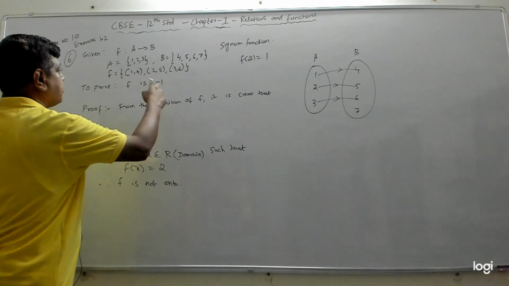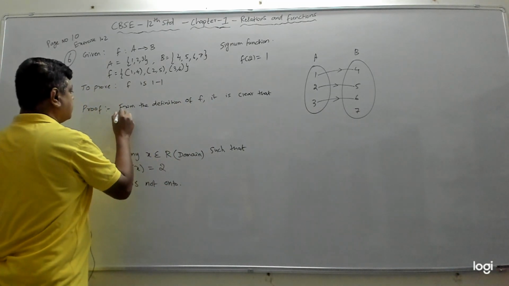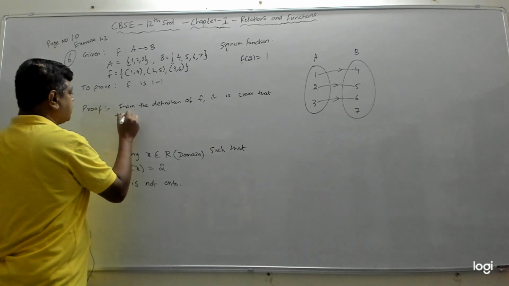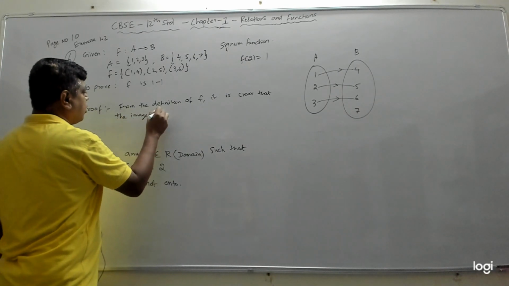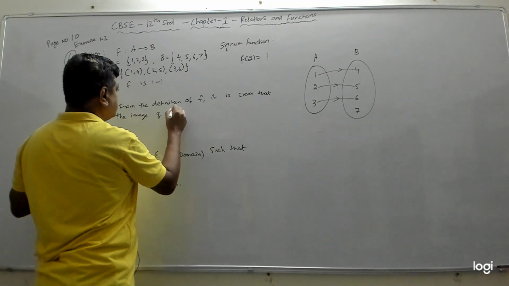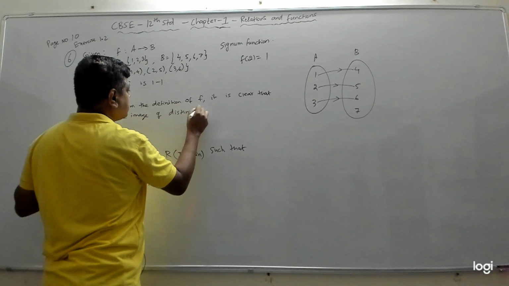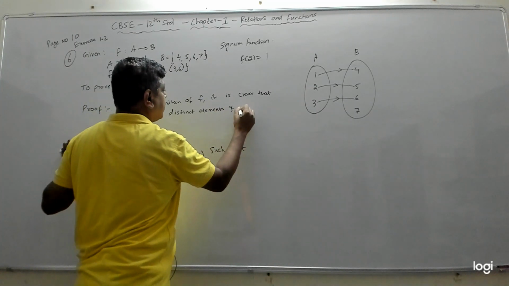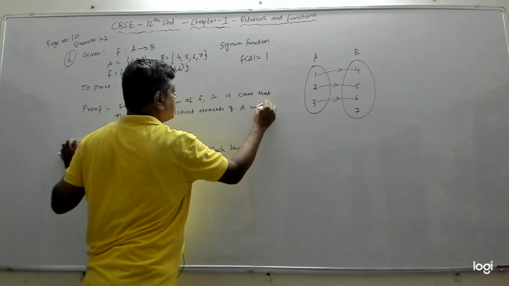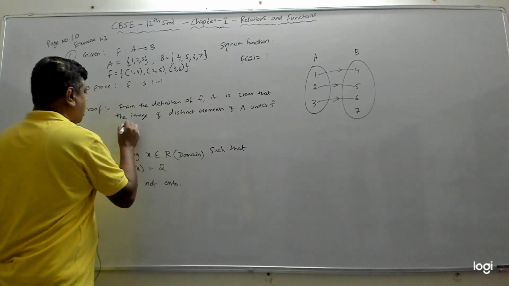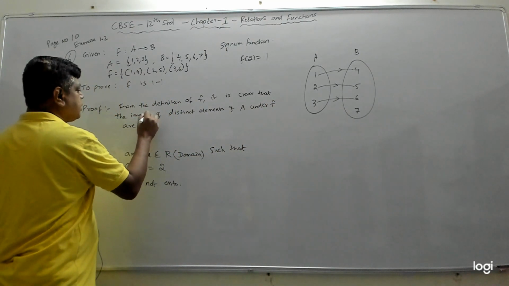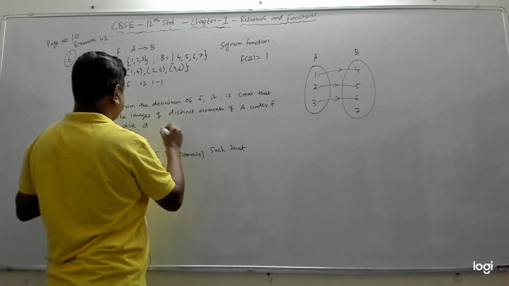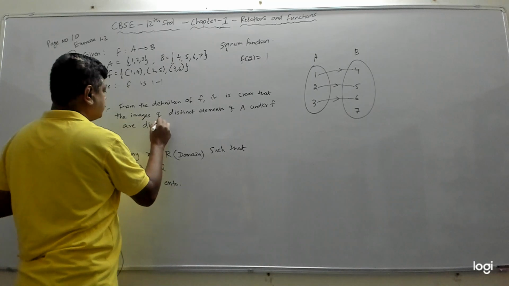So from the definition of f, it is clear that the images of distinct elements of A under the function f are distinct.